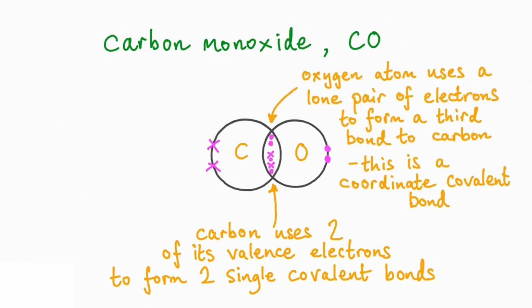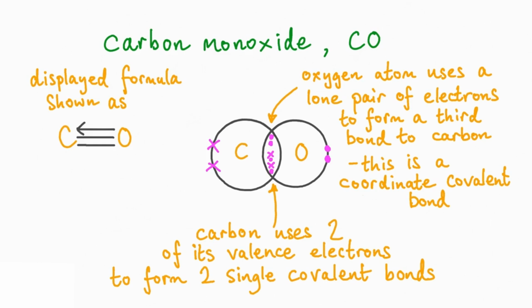The oxygen atom uses a lone pair of electrons to form a third bond to carbon, which is a coordinate covalent bond. There is no net charge on the molecule of carbon monoxide. In the displayed formula of carbon monoxide, the coordinate covalent bond is again shown as an arrow, indicating the direction of donation.